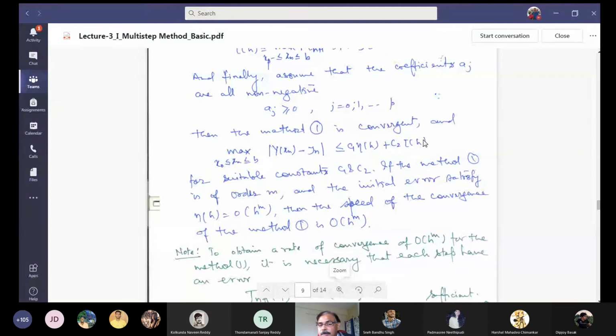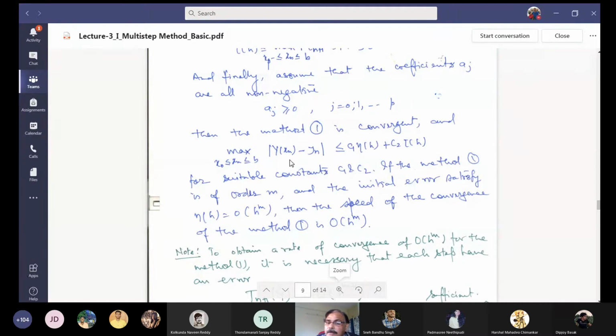If anybody has any trouble at this stage, you ask me, because next thing I am going to tell you: on the left hand side, it is from x0 to b, means the maximum of the local truncation error of all the values. Is that right? Yes, sir.